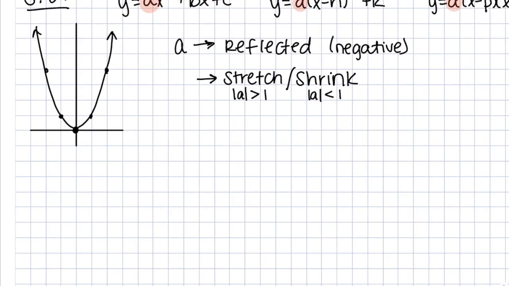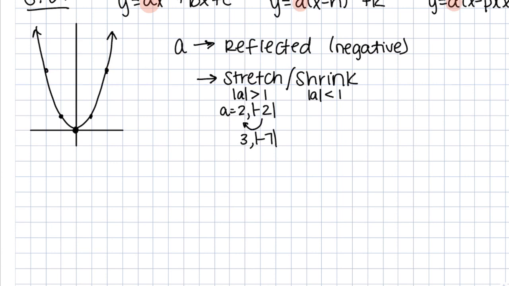So let's look at some a's that would stretch. If our a was 2, that would stretch it. If it was negative 2, that would also stretch it, because when I take the absolute value of it, it goes right back to 2. 3 would stretch it. Negative 7 would stretch it, because the absolute value is positive 7, and those values are all bigger than 1.